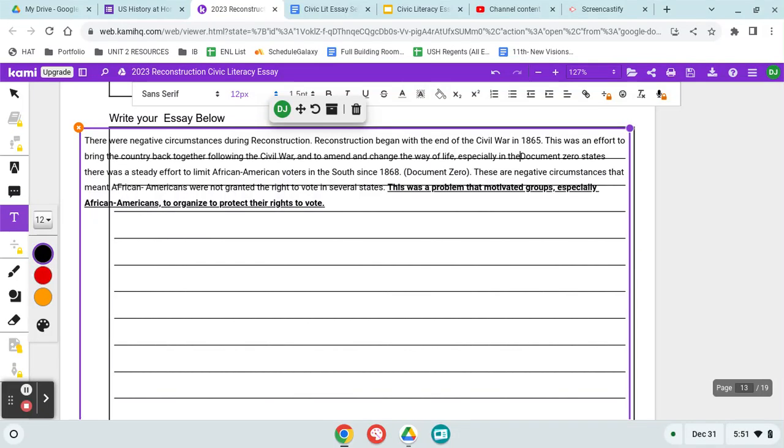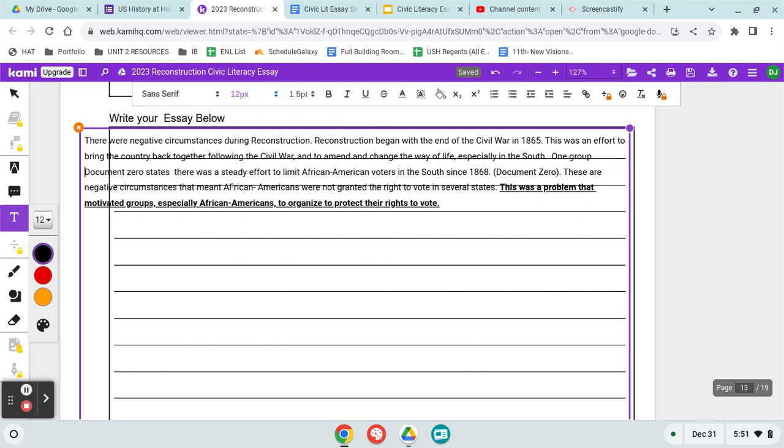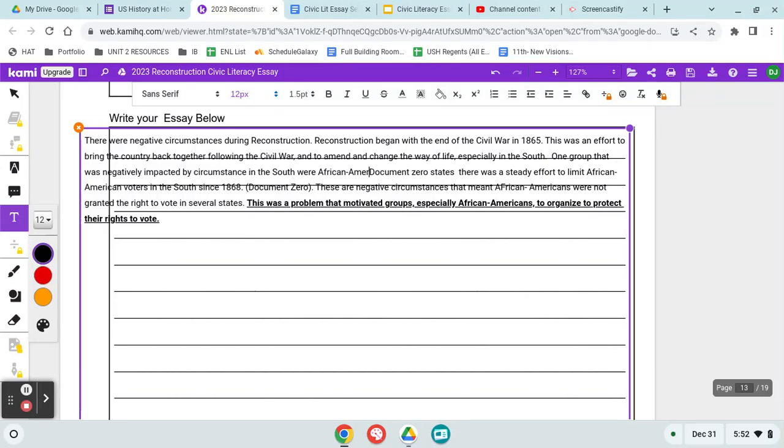I'm using some outside information here, but again, outside information is very analytical. One group that was negatively impacted by circumstances in the South were African Americans.